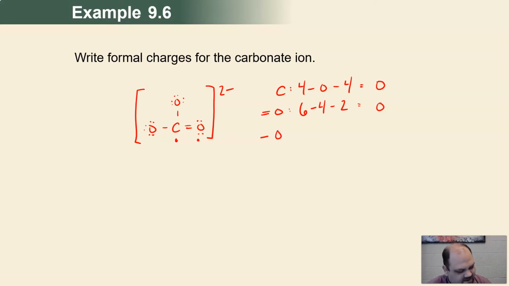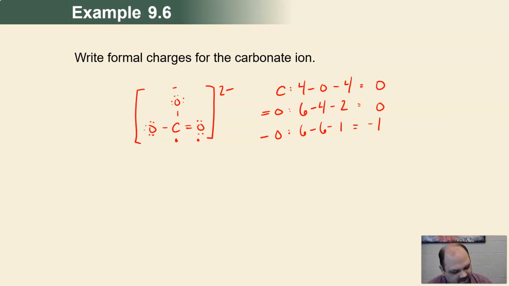That single bond oxygen starts with 6. They've both got 6 non-bonding electrons, but they also each have 1 bond. So that's -1. We can't get all of our atoms to have a formal charge of 0 here because overall our ion has a charge. And so some of our atoms have to have a charge.